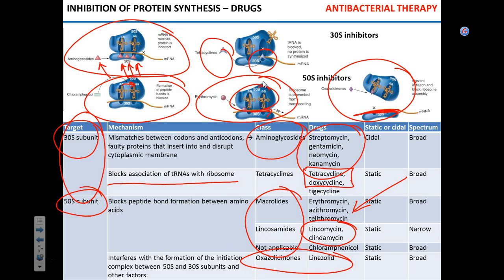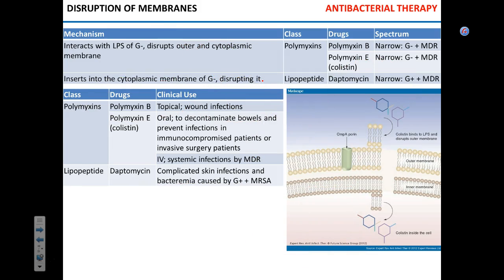Because all bacteria have very similar ribosome structures. Okay, so tetracycline is capable of inhibiting the 30S subunit in all microbes. Does that make sense? Okay. Okay, membrane disruption. This is quite an interesting story.